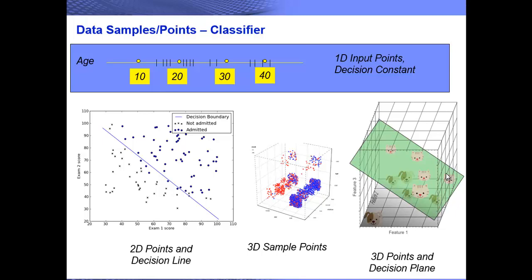If the samples are represented by two dimensions, then we can have a 2D plane. If it is three dimensions, we can plot or visualize them in a 3D space.